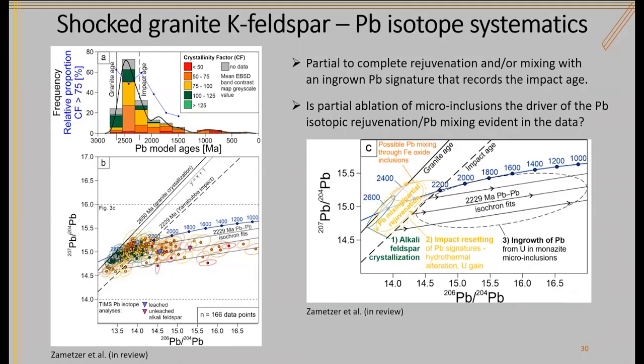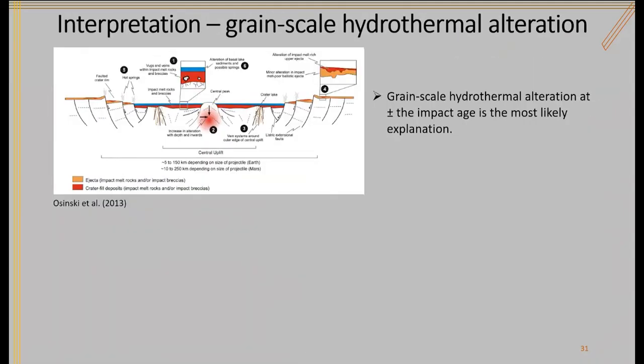And everything taken together, we need some sort of damage-assisted mass transport of uranium and lead in order to explain what we documented here. And geologically, the most likely explanation is hydrothermal fluid flow on the grain scale. It was probably an impact-induced hydrothermal system that infiltrated the shock damage structures, damaged lamellae, subplanar fractures on the grain scale, and produced what we documented.